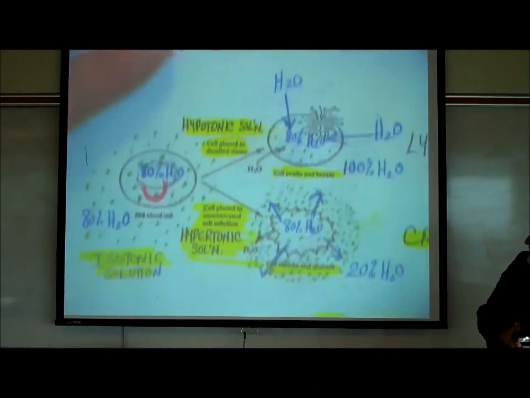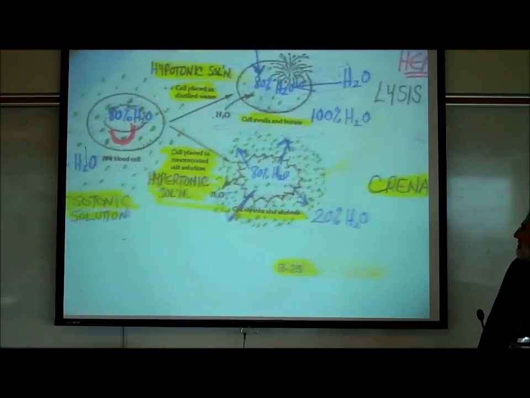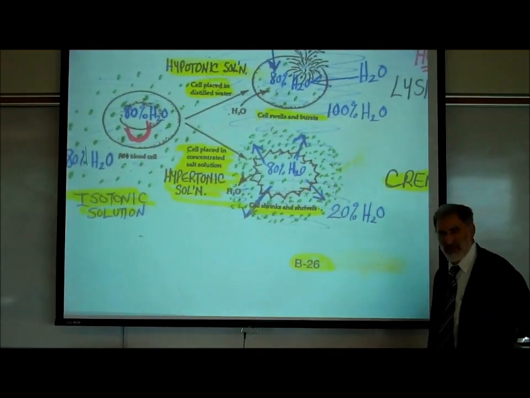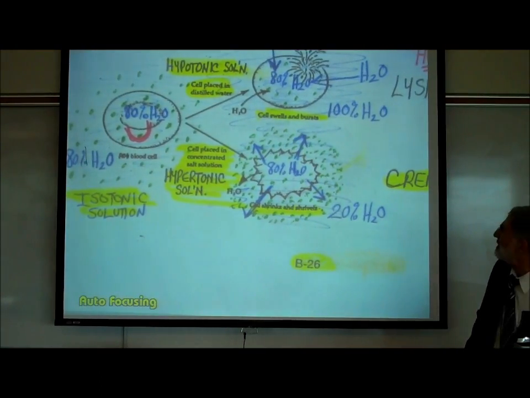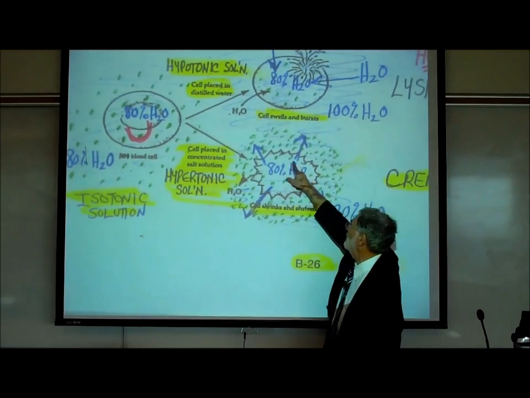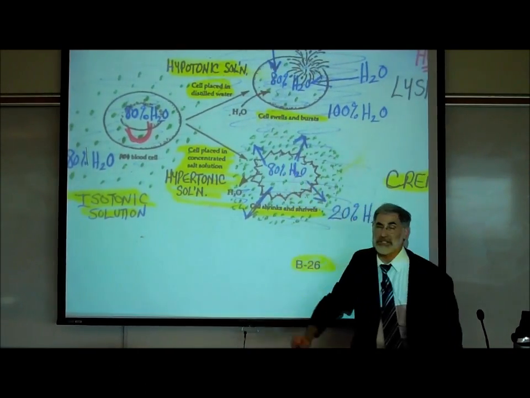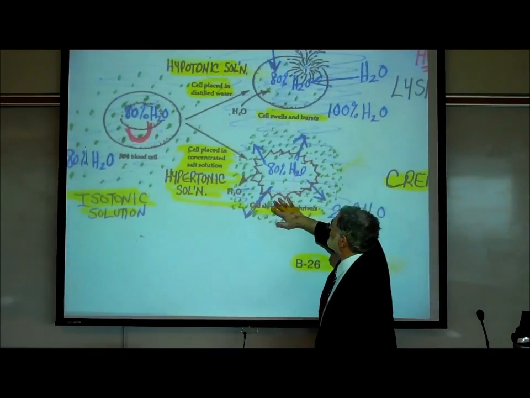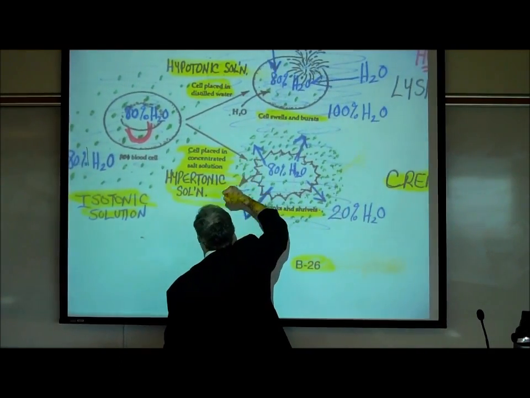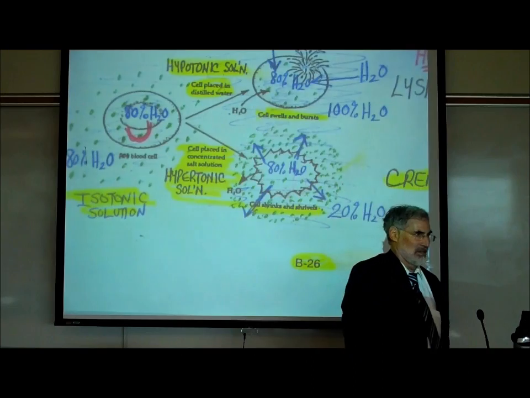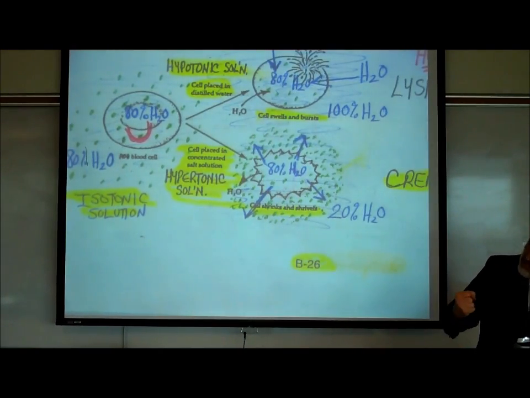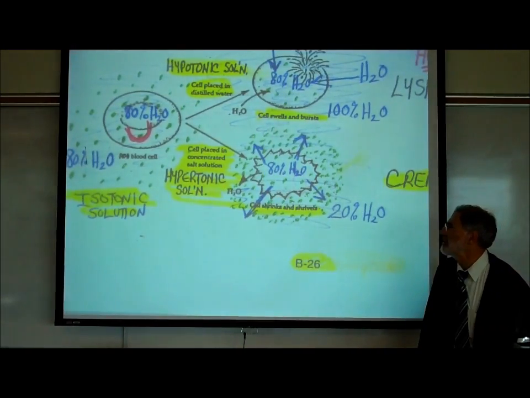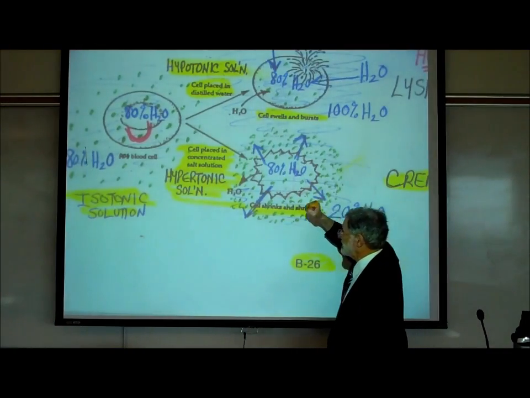Now, let's consider the third possibility. We've got a cell. It starts out 80% water on the inside, 20% other stuff. But this time, we're going to place this cell in a hypertonic solution. High solute concentration. It's concentrated in salt.